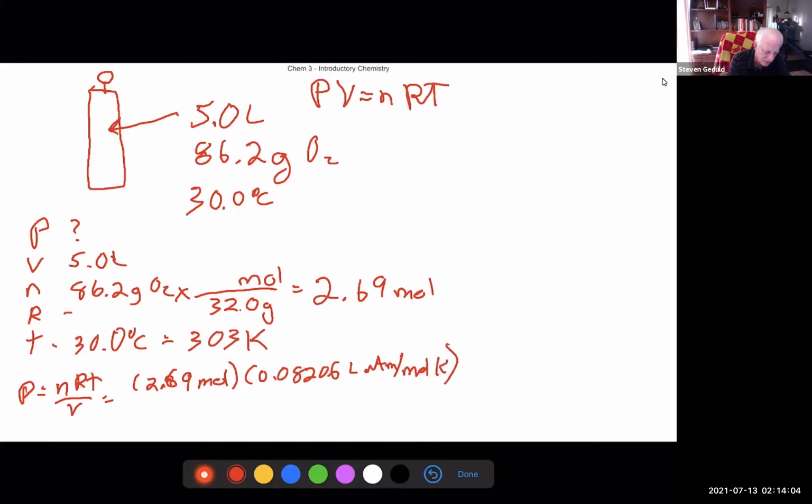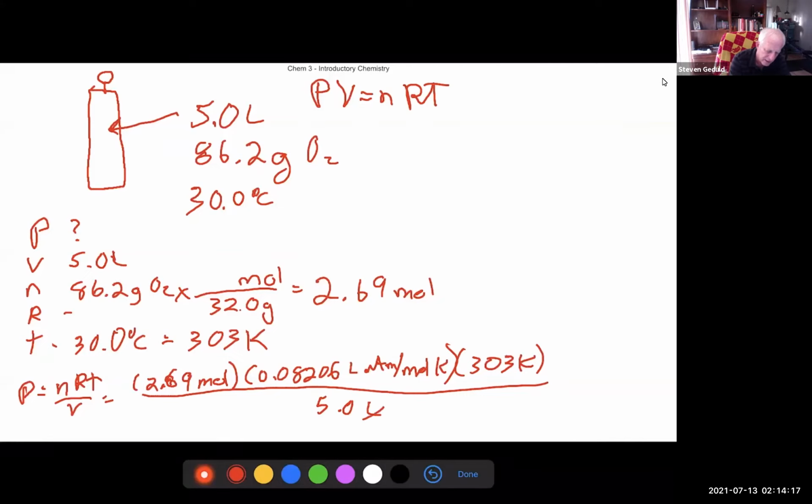Those are just the units of it. Temperature is 303 Kelvin. And volume is, where's our volume? 5 liters. Make sure your units cancel. Liters cancel. Moles cancel. Kelvin cancels. You're left with atmospheres, which is pressure. This is what we want.